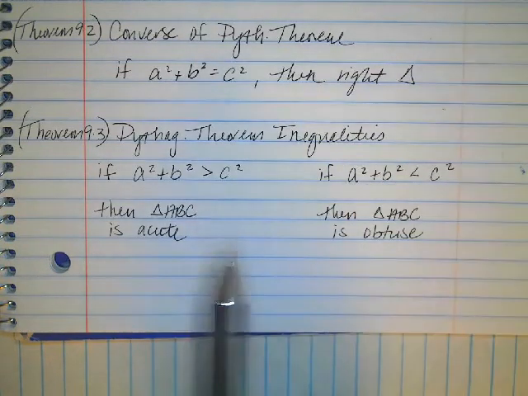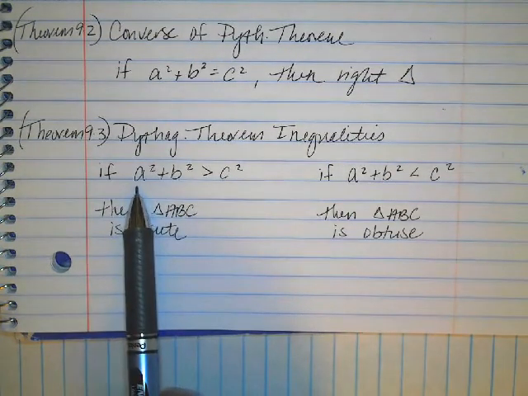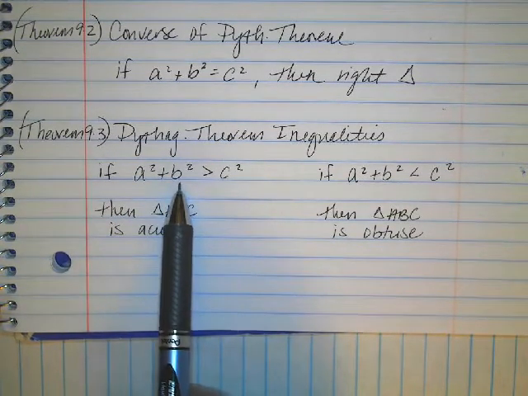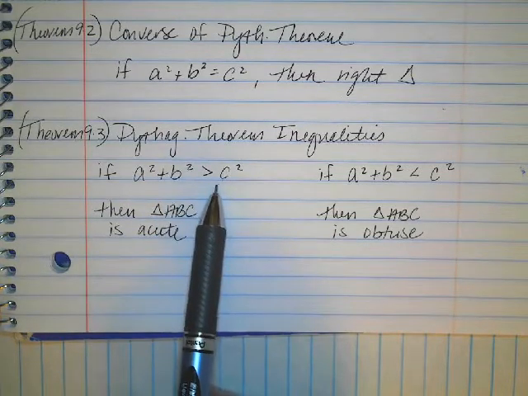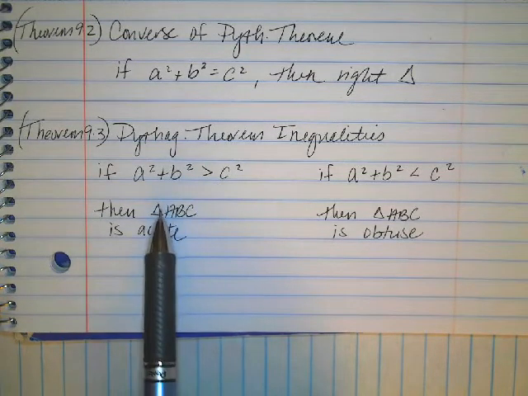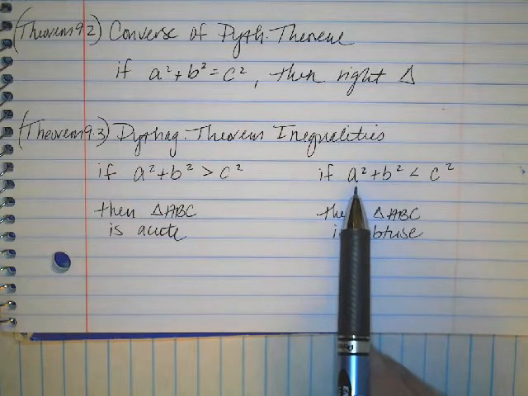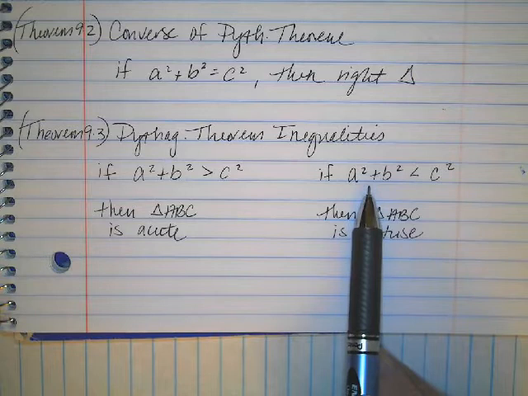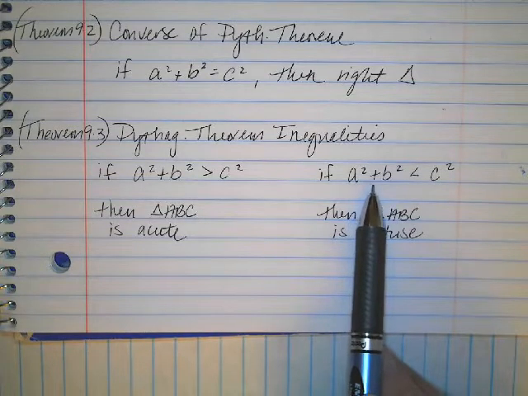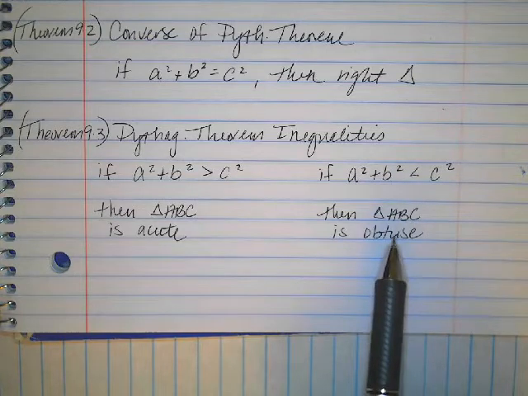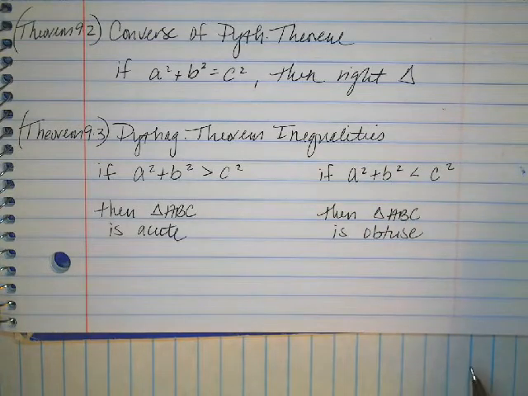If I take my legs a and b and take a squared plus b squared, if that sum is larger than what I get for c squared, then the triangle is acute. If that sum is less than what I get for c squared, then it is an obtuse triangle.